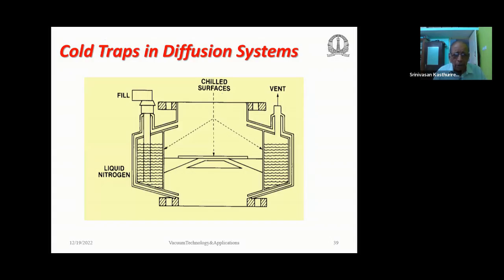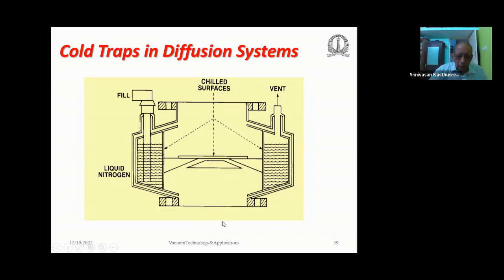For example, the cold traps which are used in diffusion pump systems actually operate as cryocondensation pumps. So what do they have? You have liquid nitrogen filling these chambers. Okay, this is an annular chamber, as you can see. And the topmost zone is where you are pumping, and the bottom is actually your pump.